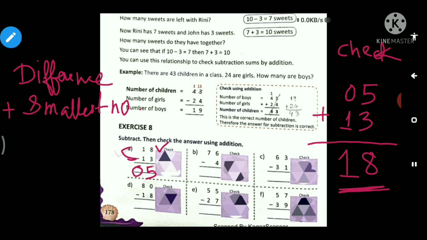And the answer we get will be the greatest number. Okay, this is how we can check our subtraction by using addition.